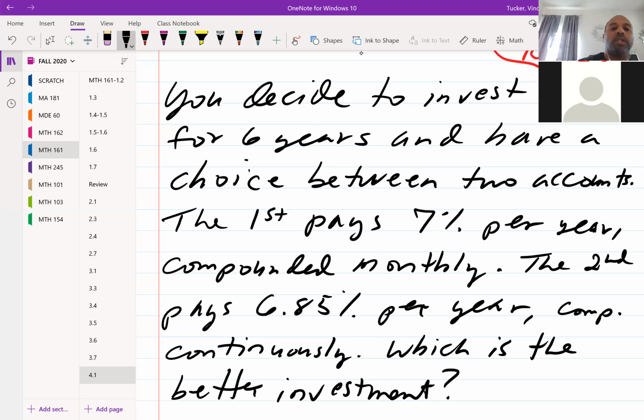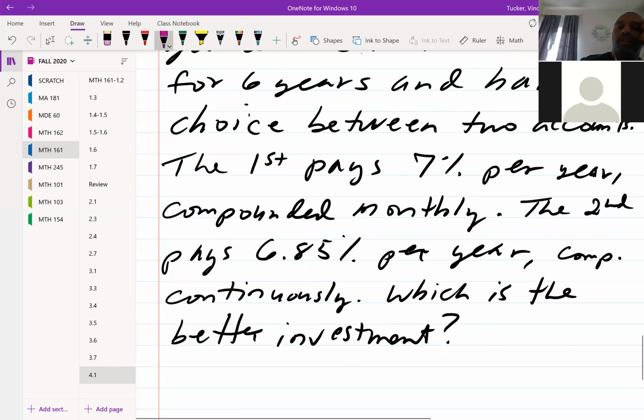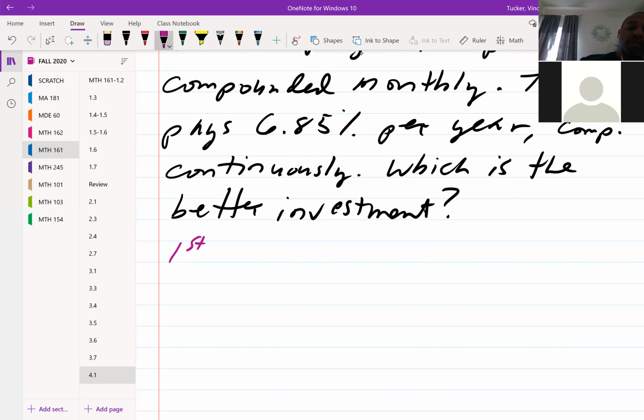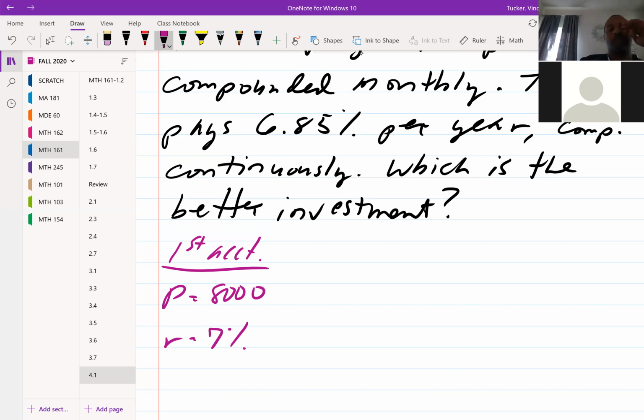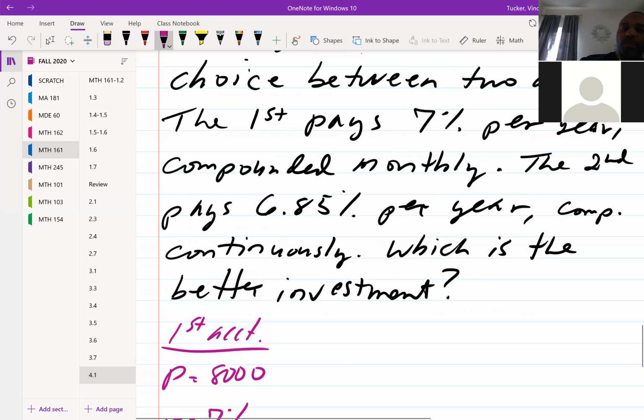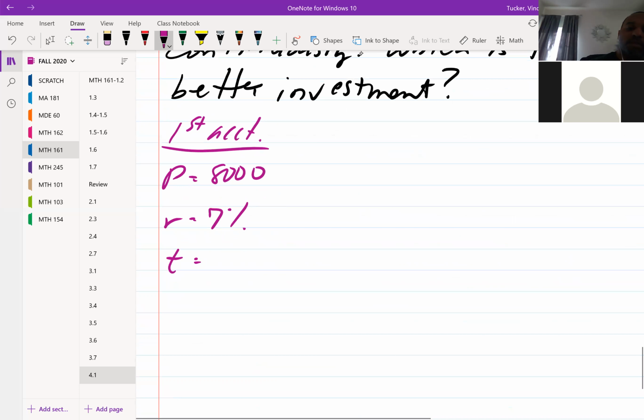All right, so let's look at each account individually, what information we have for them, and then go calculate. So the first account: P, the amount we're depositing, is 8,000. The rate is 7%. Time is 6 years.